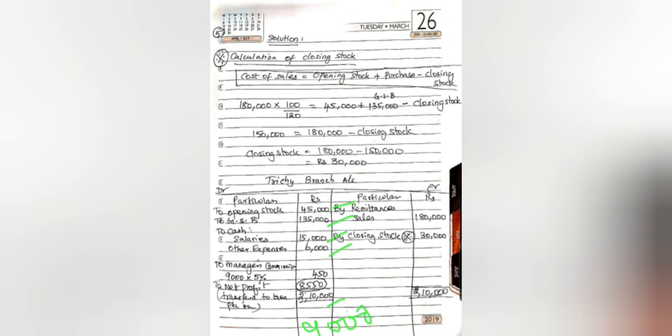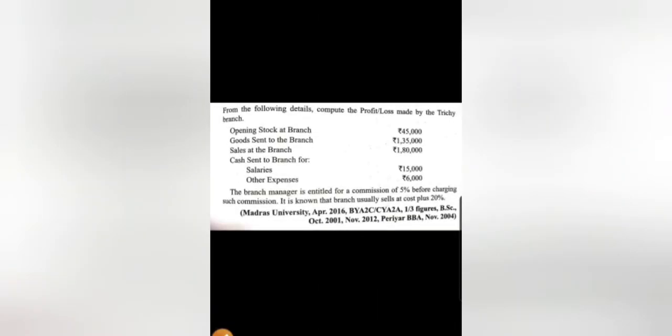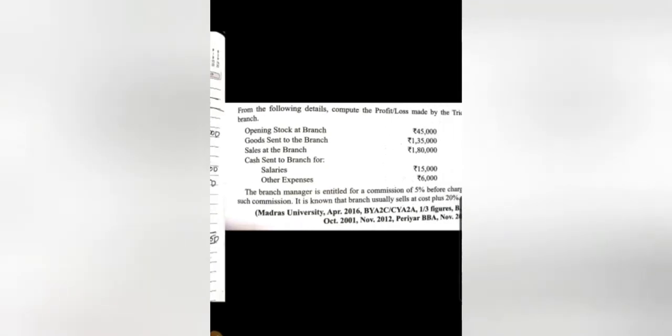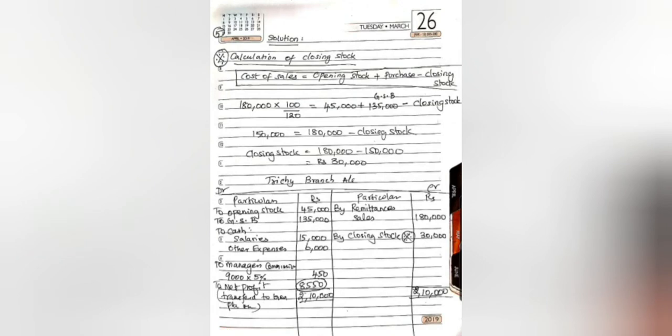From that we have to provide 5% commission to the manager. So 5 by 100 of 9,000 comes to 450. Here it is clearly said that the commission of 5% is before charging such commission. So before putting the profit, we have to give commission.